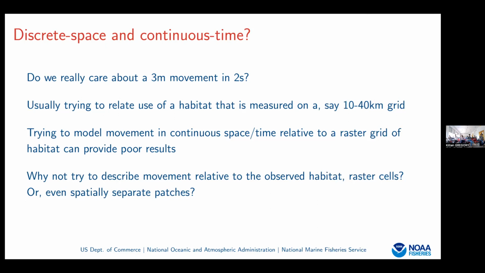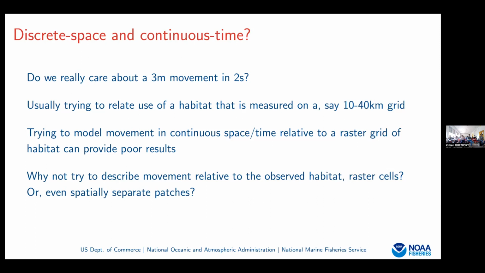So one of the arguments for the discrete space version is, do we really care or believe we have information at that fine resolution? We're usually trying to relate use or movement to a habitat grid. This is a little bit old; you'll see we usually get finer rasters for marine layers than 40 kilometers now, but it used to be up to 40 kilometers for the open Pacific Ocean.